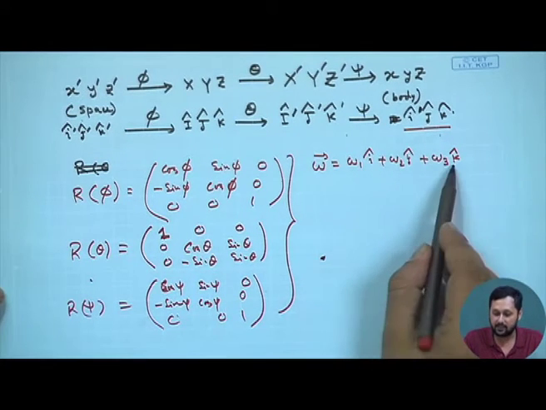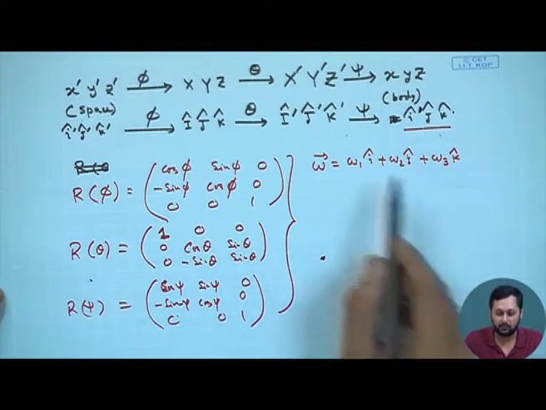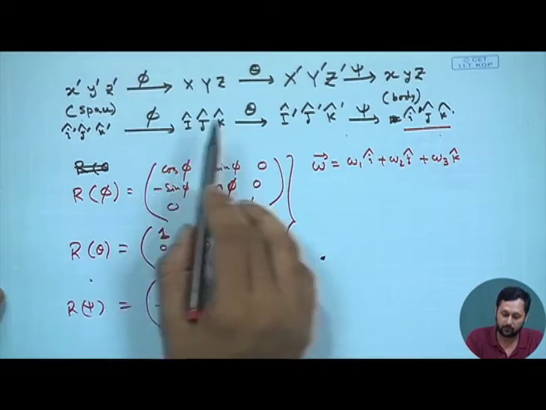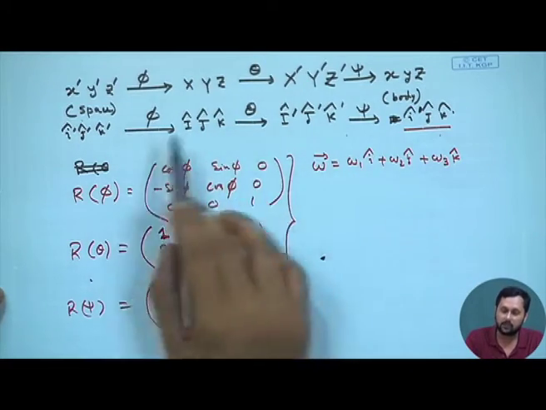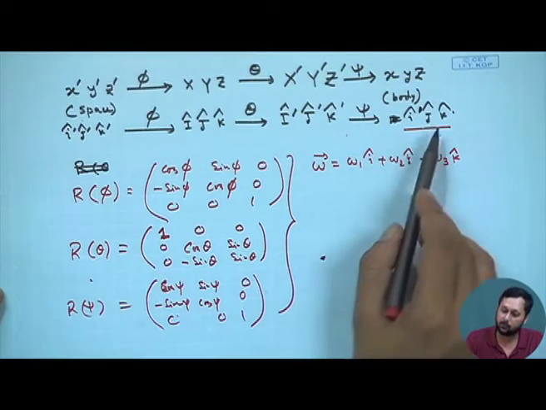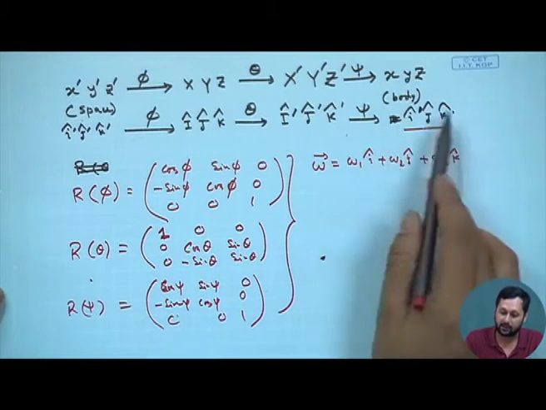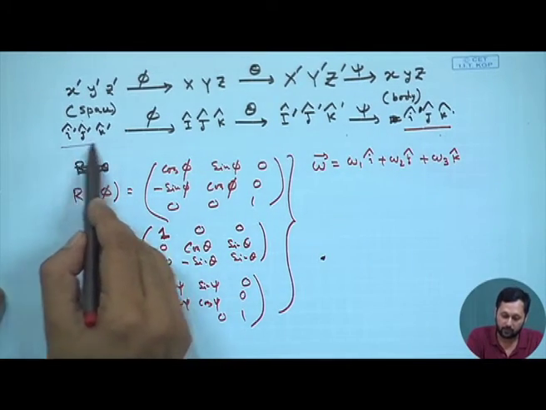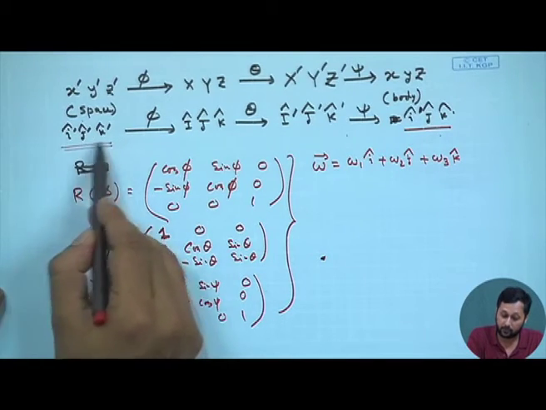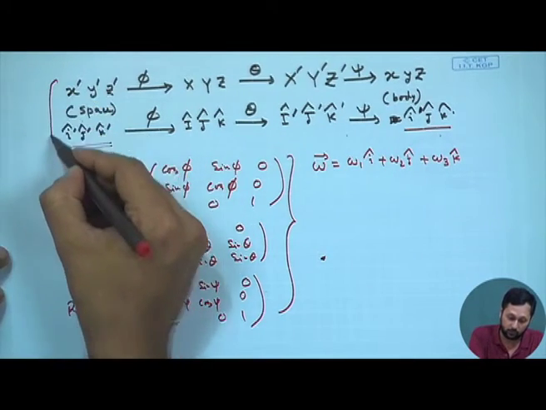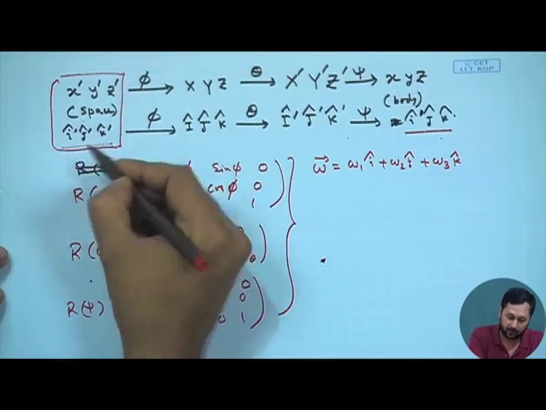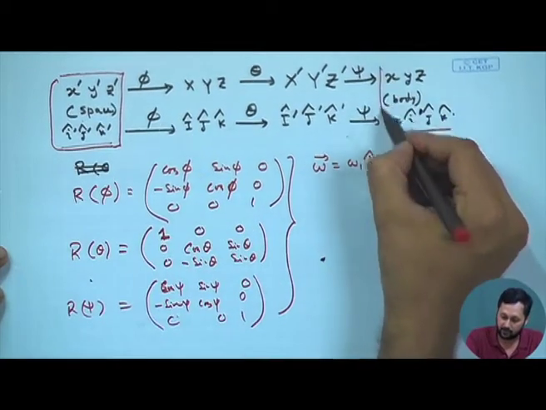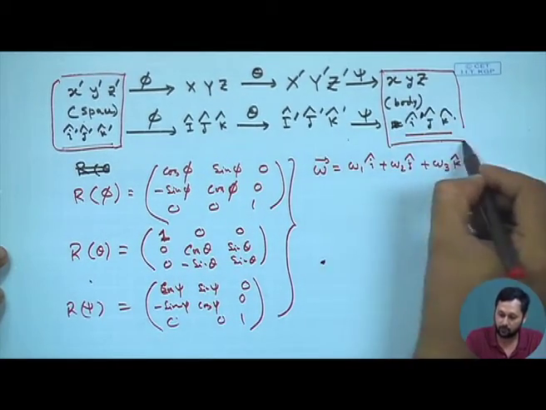And these i, j and k are continuously changing, because if we take combinations of phi, theta and psi, we will get different values of i, j and k corresponding to the static frame. This is not changing, this is static. These two things are static, there is a space, and these final things are moving.